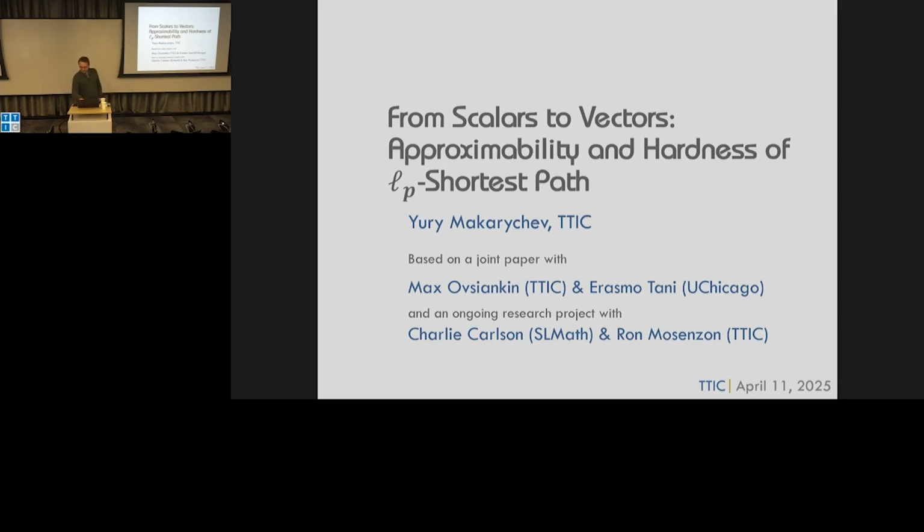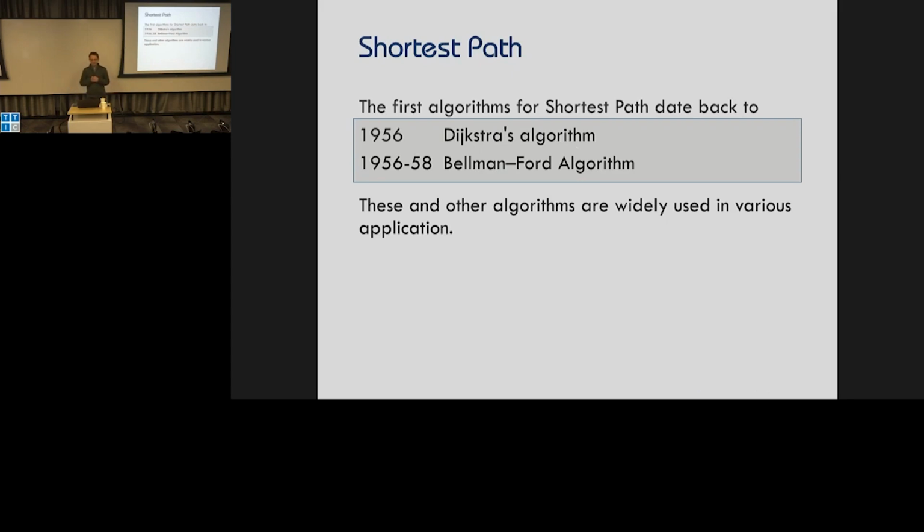Let me start with talking about the shortest path problem. Shortest path is one of the most basic, widely used and well-studied problems in computer science. The first algorithms for the problem date back to the very early days of computer science. Dijkstra's algorithm was developed in 1956, and the Bellman-Ford algorithm was developed shortly after that.